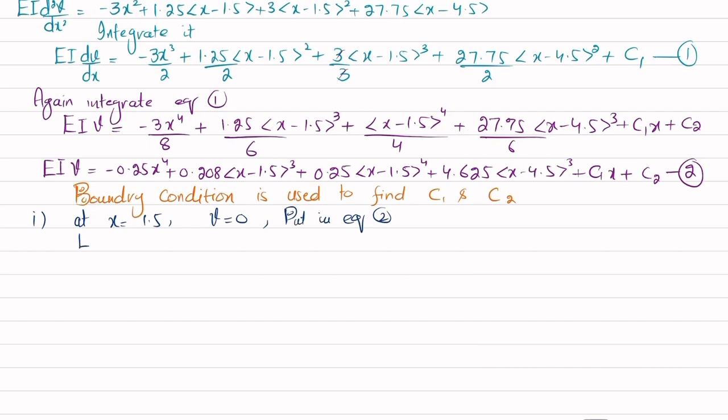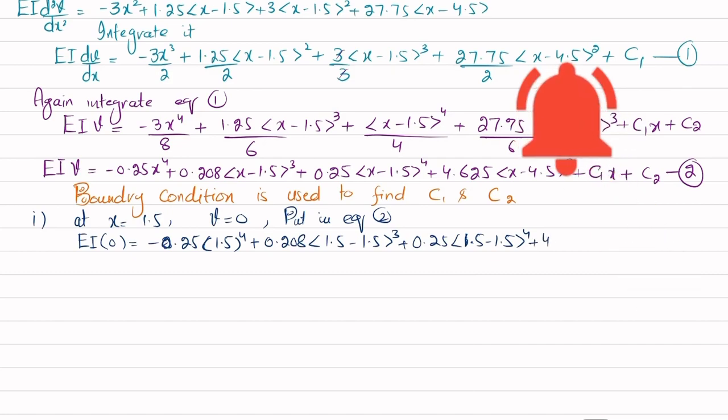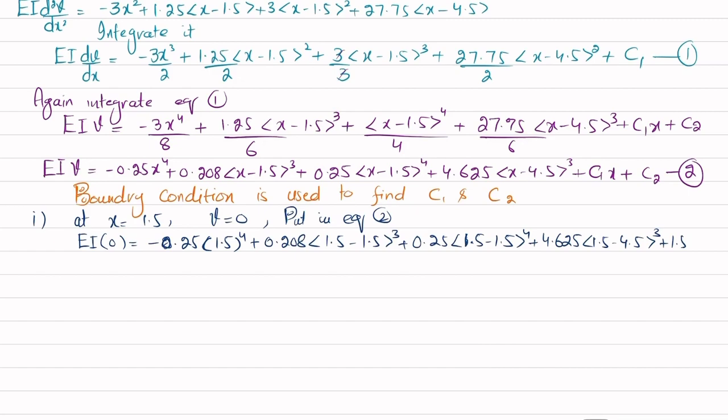So we will get EI into 0 is equal to minus 0.25 into 1.5 power 4 plus 0.208 into <1.5 minus 1.5> power 3 plus 0.25 into <1.5 minus 1.5> power 4 plus 4.625 into <1.5 minus 4.5> power 3 plus C1 into x.